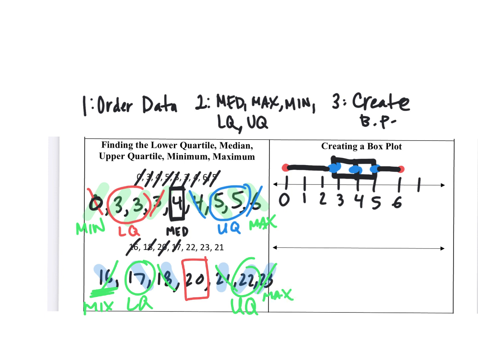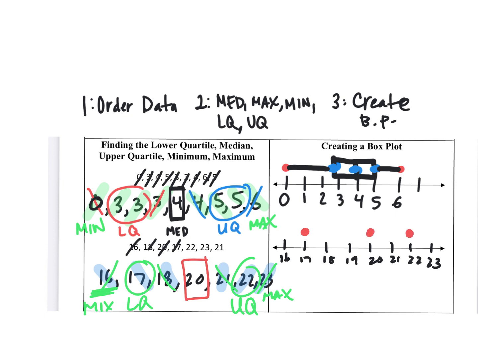Knowing that, that's what I have to make my number line with. I have to have 16 all the way to 23. 17, 18, 19, 20, 21, 22, and 23. Okay, let's put our dots. So let's put our 3 in the middle. We have our lower quartile, our median, and our upper quartile.